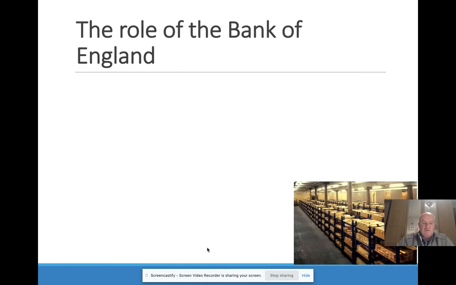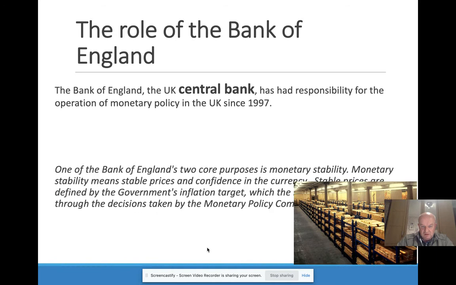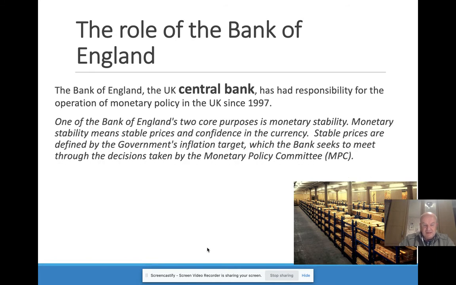Okay, let's have a look at the role of the Bank of England in a little bit more detail then. We mentioned that they've had responsibility for monetary policy since 1997, and basically there are two core purposes. The one is to maintain monetary stability, and that basically means stable prices and confidence in the currency and in the economy.